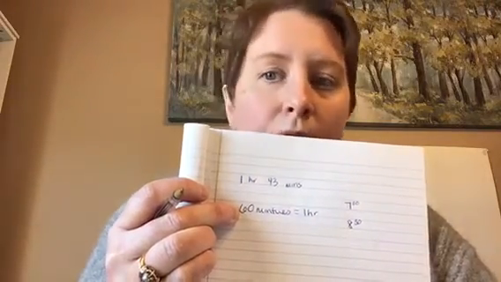So sometimes you find unit rates and sometimes those are given ones, such as 60 minutes is 1 hour, 60 seconds is 1 minute, 12 inches is 1 foot. I said that backwards, didn't I? There we go. So we are using this unit rate, and if I know that it's 127, I know that's 2 hours, and then there's 7 extra. So I know it's 2 hours and 7 minutes.